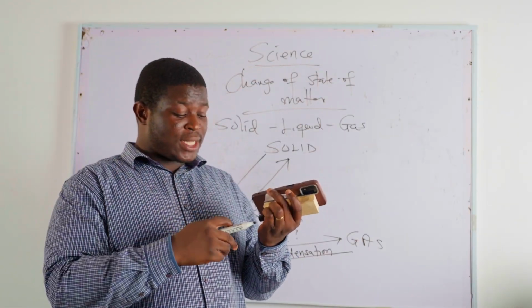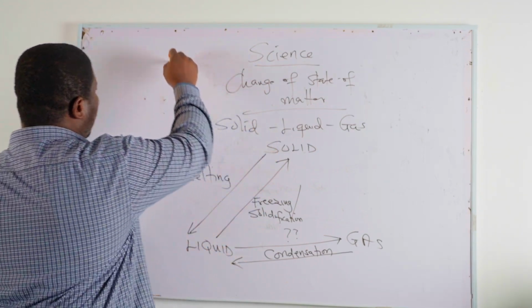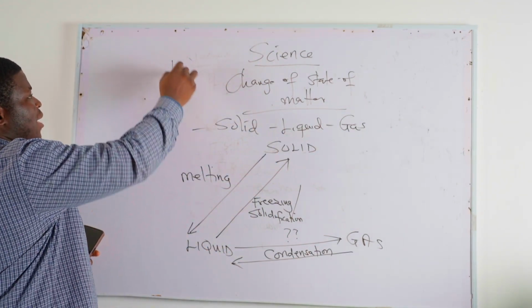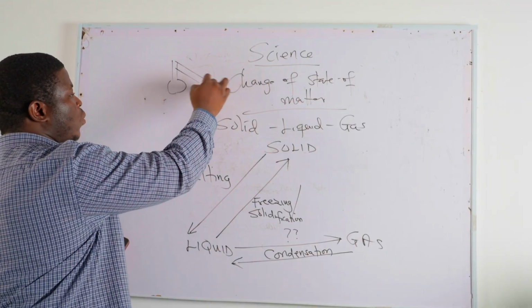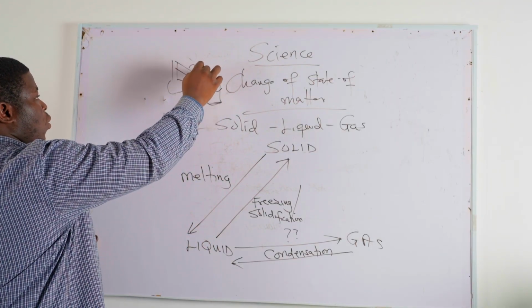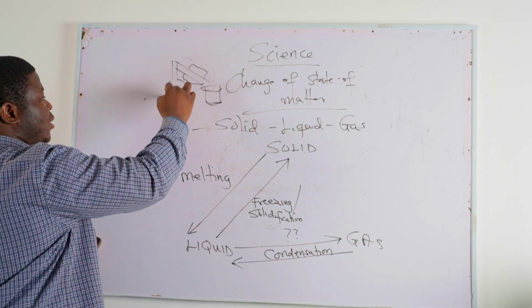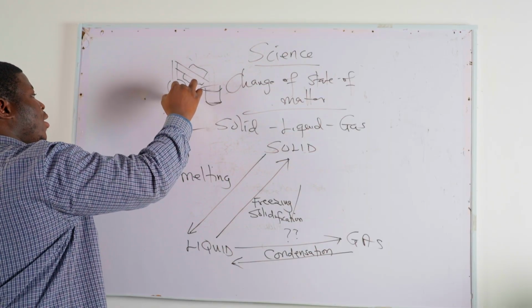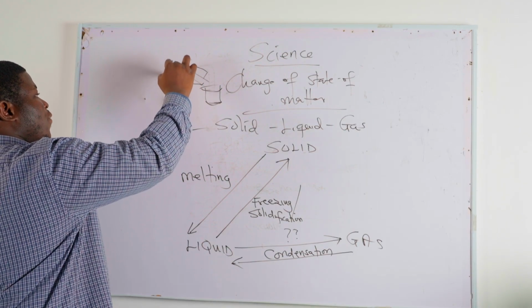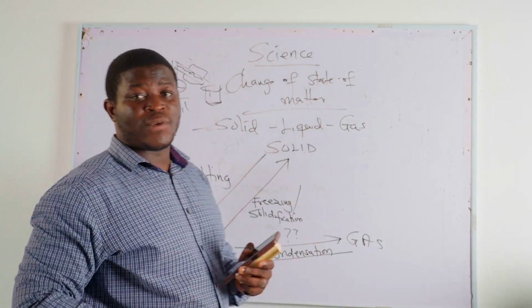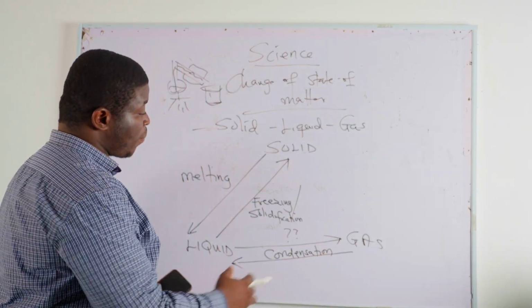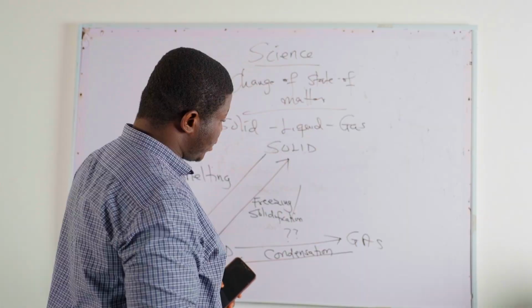You can see that when the setup is done, you have your flask with a condenser collecting it in a container over here. So you have a condenser over here. Then as you apply the heat, the water rises as vapor, then it condenses, and then it falls back into your flask in liquid form. So that process is known as condensation.